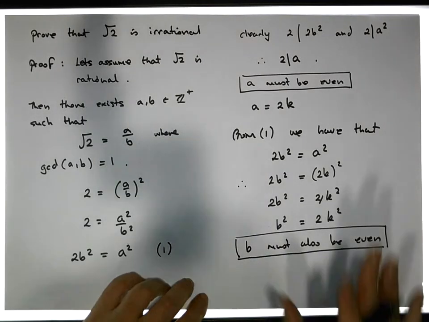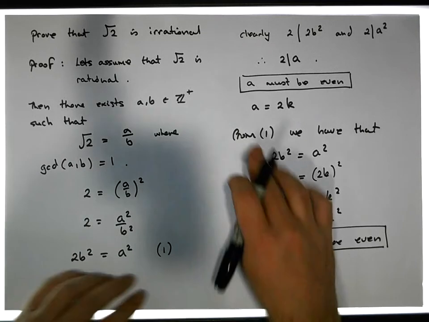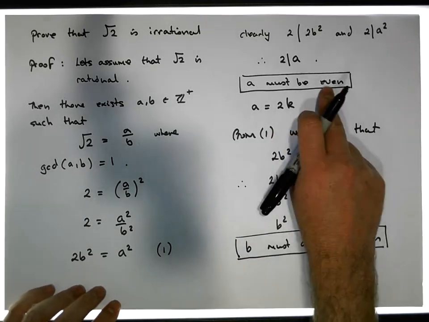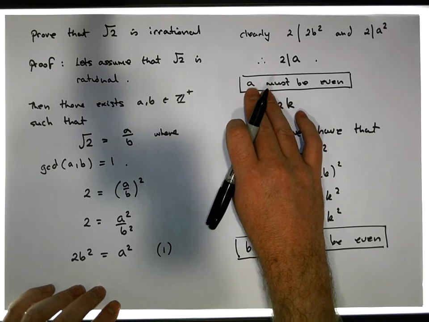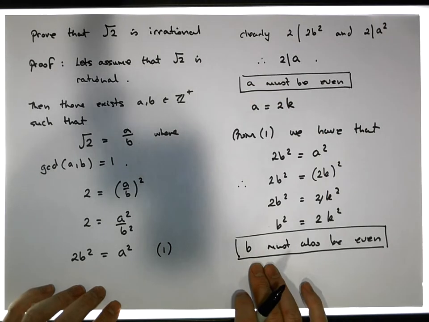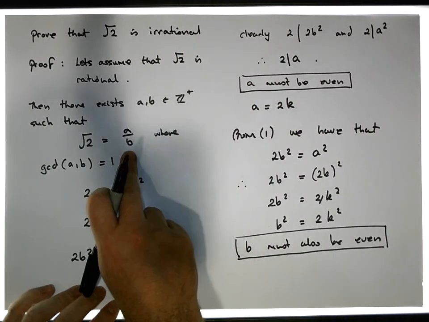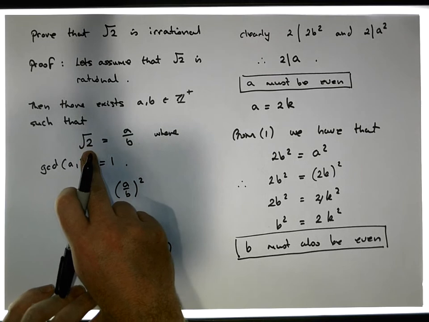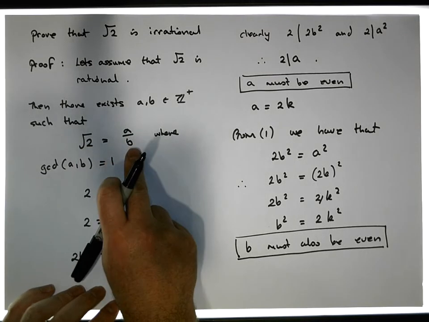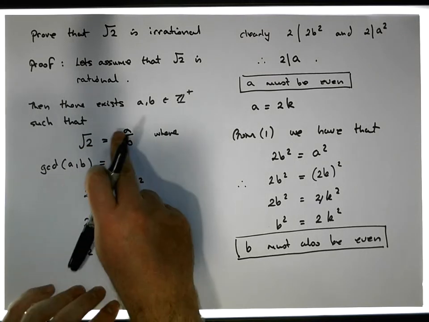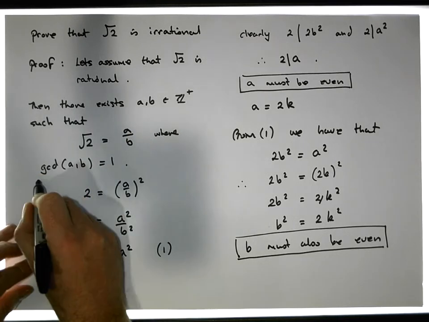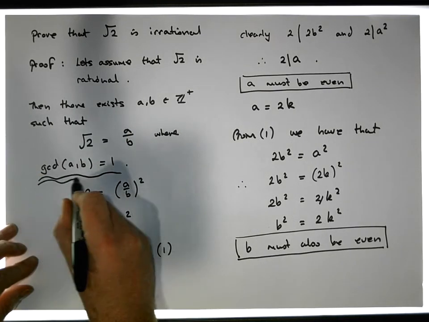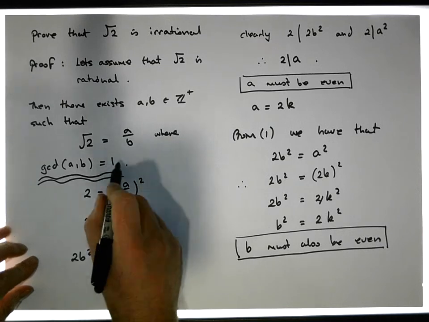But hang on a moment. What we've just shown here is that a is even and b is also even. Well, then that means that 2 divides a and 2 also divides b, which is a contradiction, because earlier on when we said that the square root of 2 is equal to a over b, we assumed that there were no common factors between a and b. We actually assumed that the GCD of a and b was equal to 1.